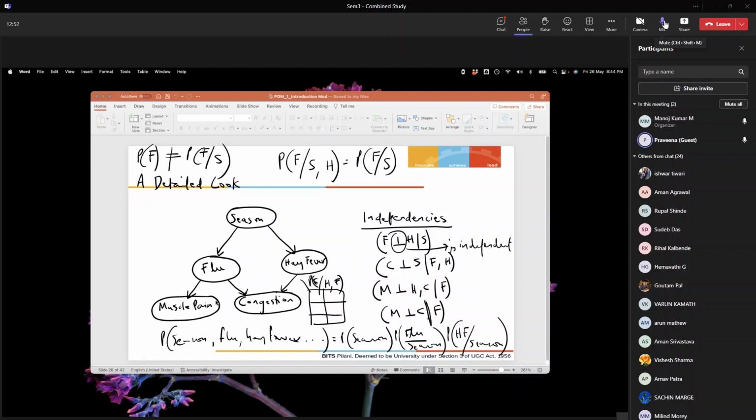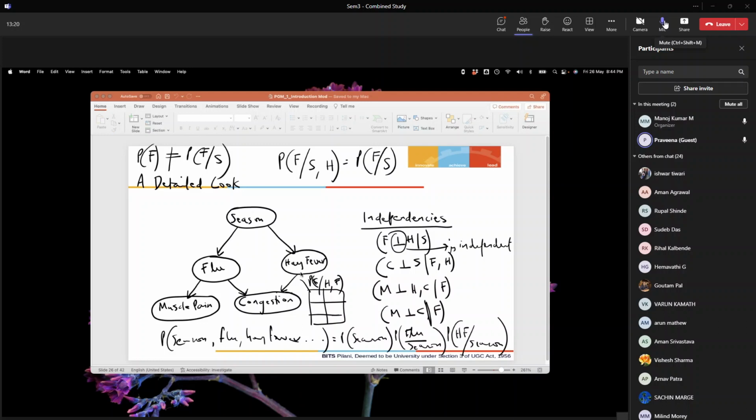Now, if we are able to pictorially depict the conditional independence, because I cannot have hay fever given flu, right? But the season influences me getting a flu or me getting a hay fever. Me getting a flu because I have hay fever does not exist.